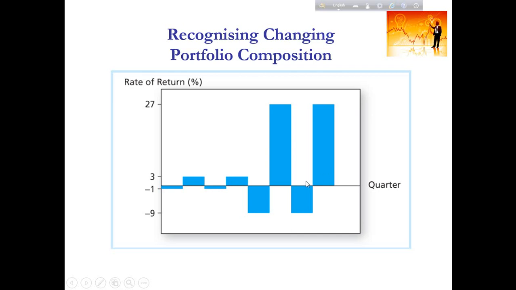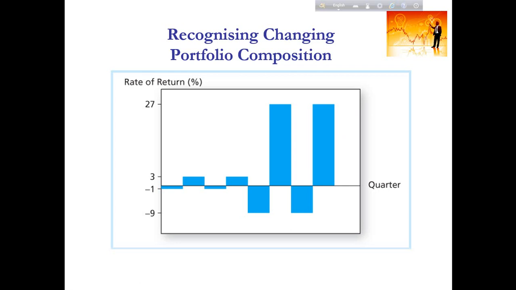Let's then imagine that in the second year, we use leverage or invest in higher risk, higher return assets, such that the excess returns each quarter in the second year are -9%, +27%, -9%, and +27% respectively.